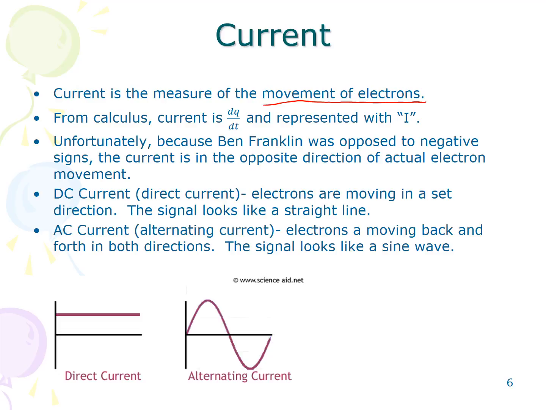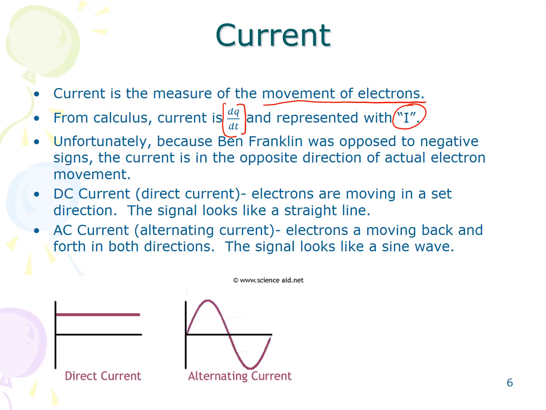Current is technically a little bit of charge over a little bit of time. So if charges are moving, you can measure the movement, and that's just the change in charge over change in time. The symbol that we assign current is I. That is used everywhere: current is represented by the letter I.